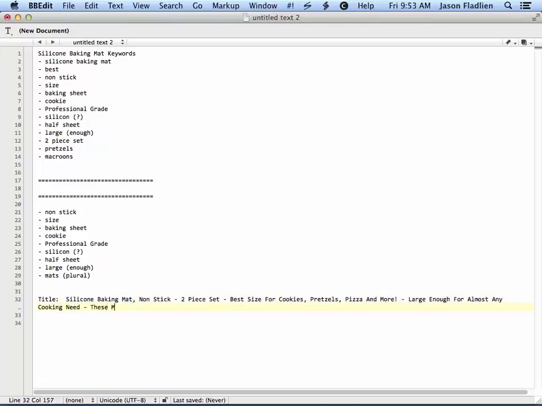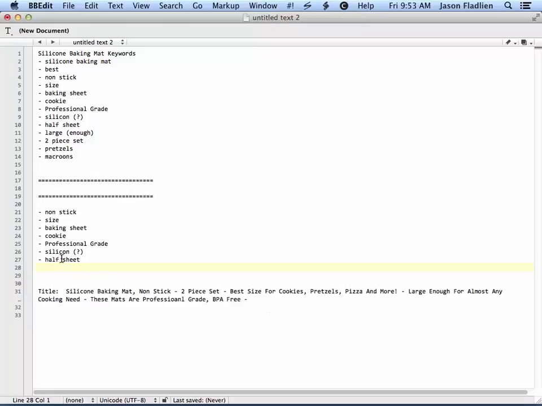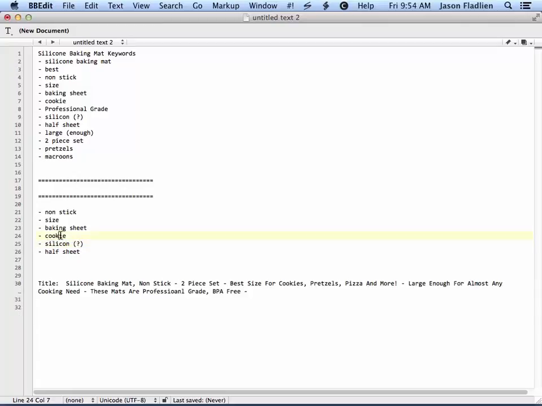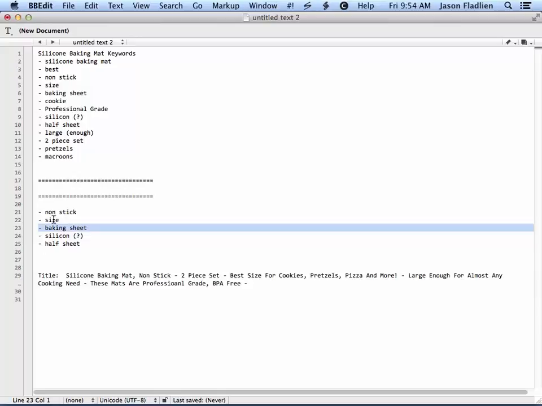These mats, there's the plural, are professional grade, BPA free, which I didn't put on the list here, but that was one of them that popped up, right? And I got large, I got mats. I haven't worked in half yet, but I probably will some way. This misspelling, I'll have a reviewer write. We got professional grade, we got cookie baking sheet.